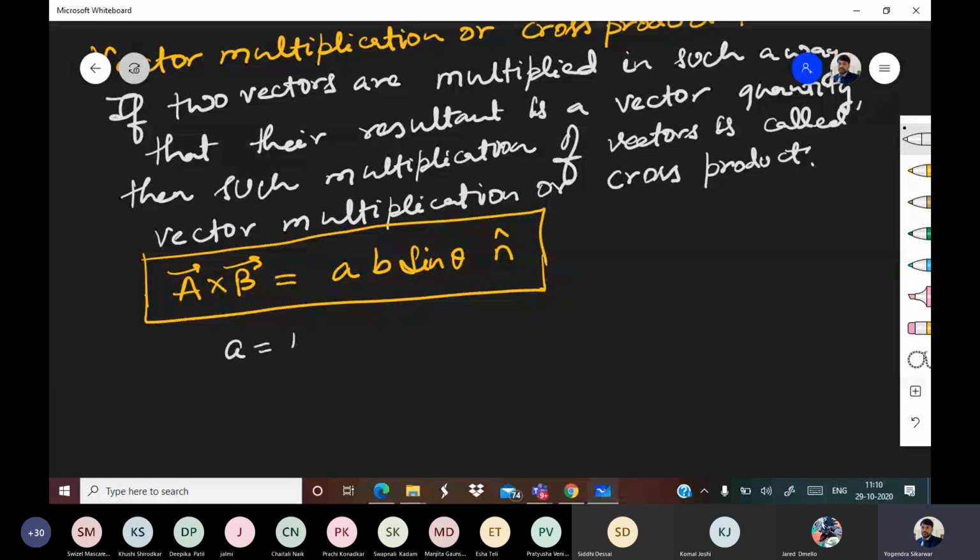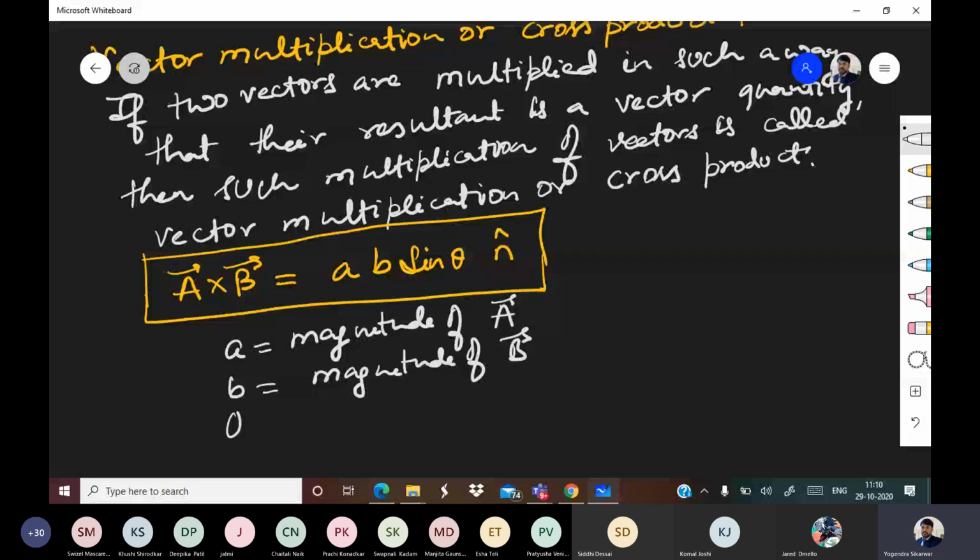A is the magnitude of A vector. What is B here? Magnitude of B vector. What is theta here? Angle between A vector and B vector.